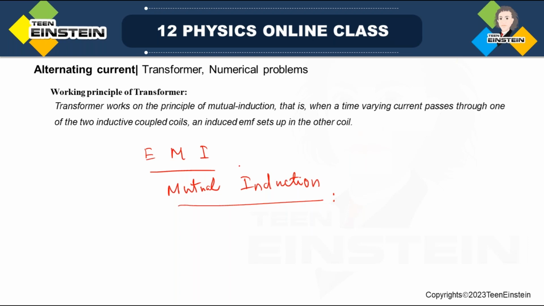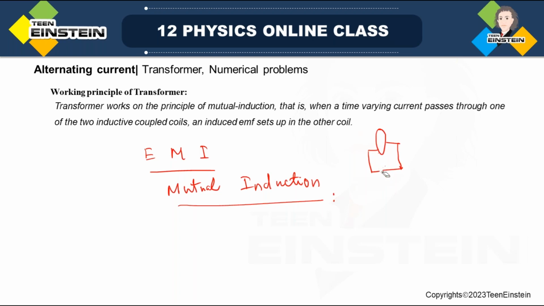Before that, let me tell you what induction is at all. So what is induction? Electromagnetic induction means, if you have a coil, and suppose it is connected with a battery, such that current is passing through it.